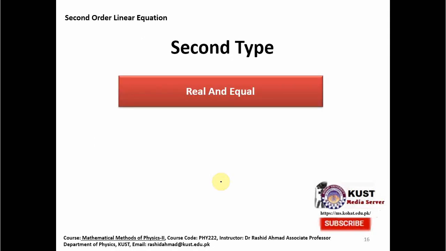So in the second type, when we have real and equal roots, our auxiliary or characteristic equation gets into this form, that is (D minus a) into (D minus a), because a is equal to b now, so we can replace b with a over here. Now the problem is that it must have two solutions, but once we have found one solution, we can only find one solution with the method we have already learned. So to find the second solution, we have to do something different.